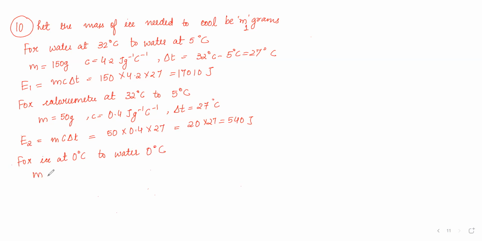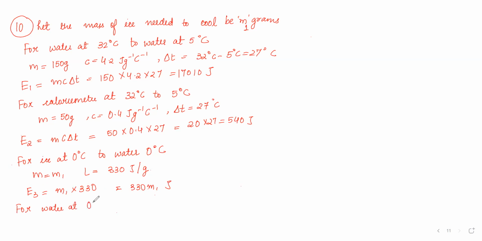What is the m? m will be m1, and latent heat has been given as how much? 330 joule per gram. Okay, so energy E3 will be equal to m1 into 330 joule. So this is 330 m1.